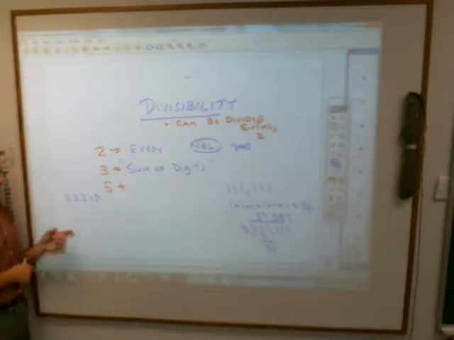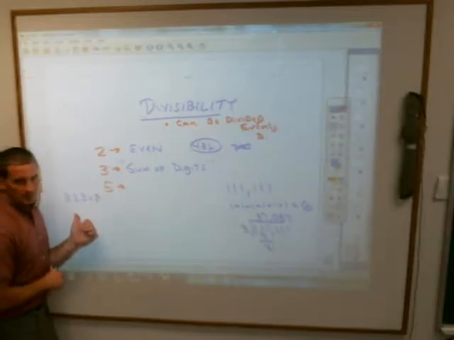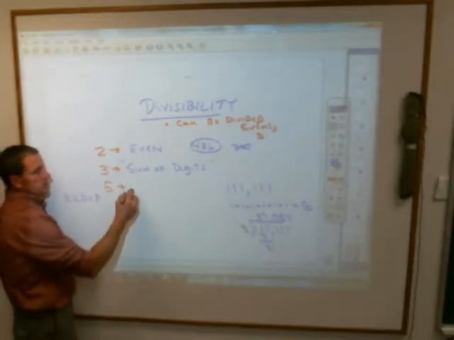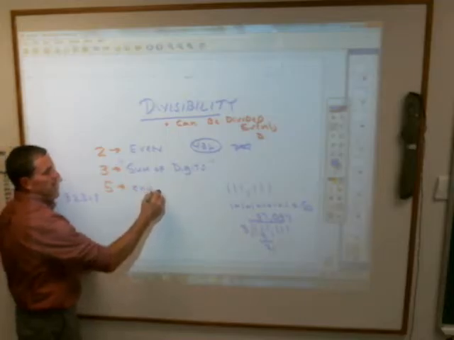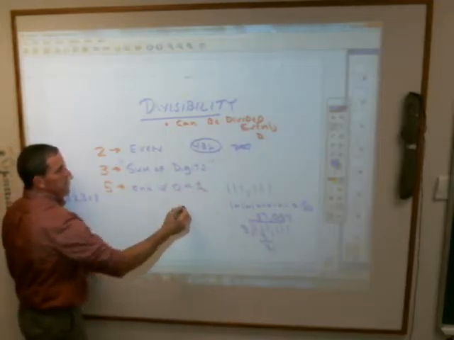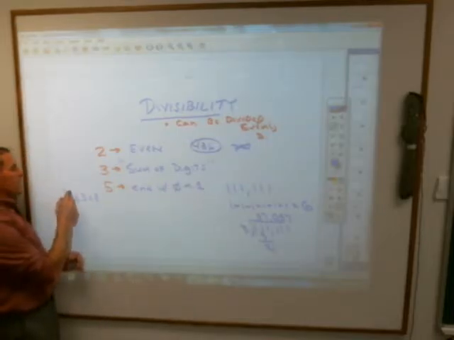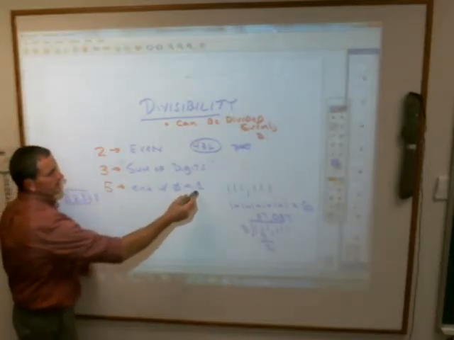You still probably want to check to see if it's divisible by 5. Does 5 go into that number? No, because a multiple of 5 has to end with 0 or 5.